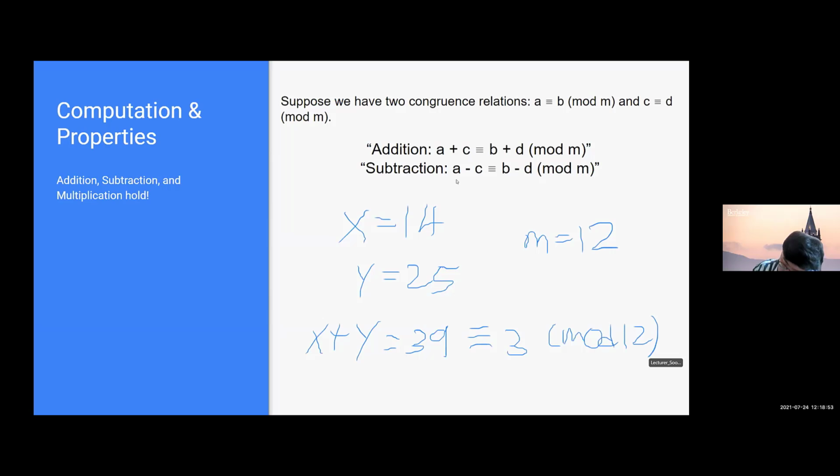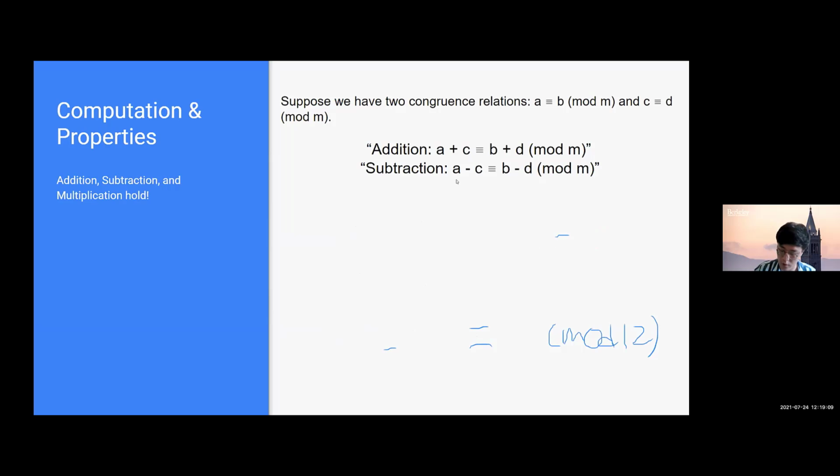But if you have pretty big x and y and try to find their sum or subtraction, you might need to go through some tedious calculation. So what you can do is distribute the mod over the subtraction, addition, and the multiplication. And I'll give you a simple proof on it.